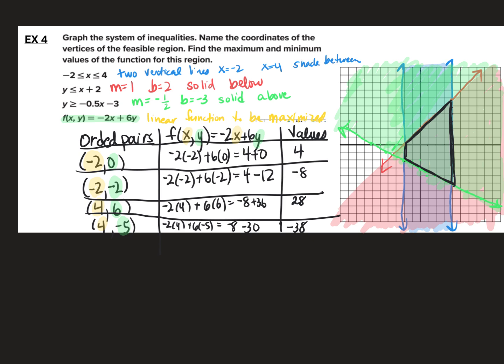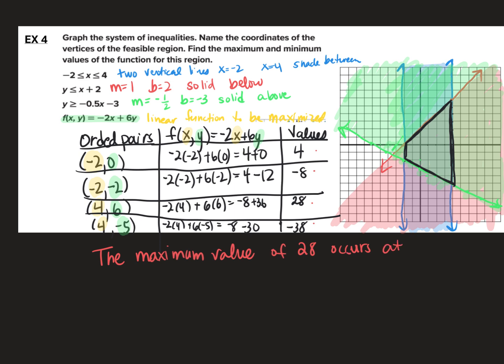And now I need to name the maximum and the minimum values. So I'll name that down here. The maximum value, let me look at the values, I haven't looked. I've got 4, -8, 28, -38. So the maximum value of 28 occurs, and that doesn't look right. OCC, I think that's right.